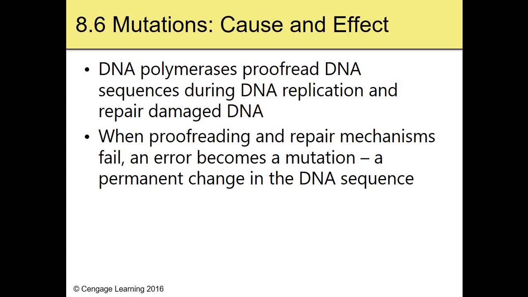So we have repair mechanisms in place, proofreaders in place, and several stops. And if your DNA is doing something it's not supposed to be doing, sometimes the cell will trash everything it's doing and go through a process called apoptosis, where the cell programs itself to die because it's not replicating properly.